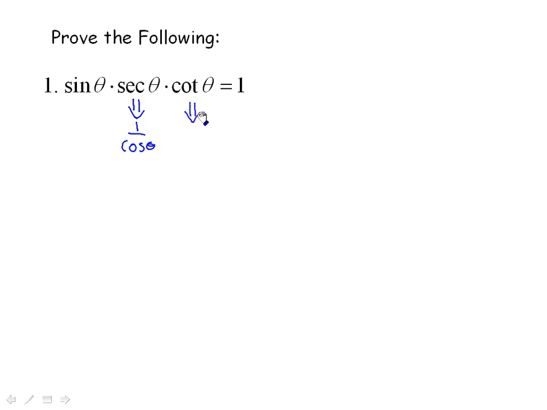Cotangent, well, we could replace it with 1 over tan, it's true, but cos over sine makes sense, because if you peek a little bit ahead, you'll see that a cancellation lies just in front of us. So here we divide out the sine thetas, we divide out the cos thetas, and we get 1 is therefore equal to 1. So the left side is equal to the right side, which is what we want.